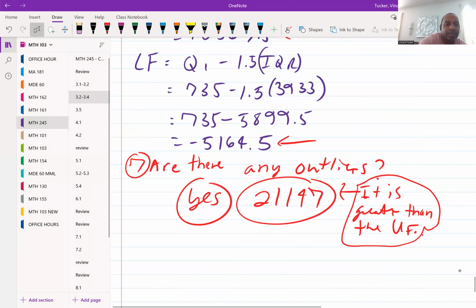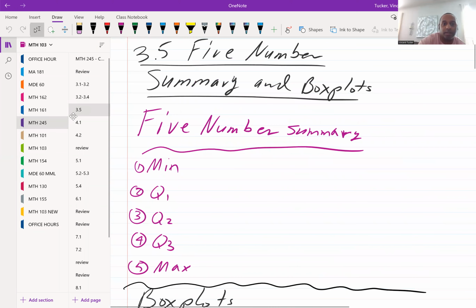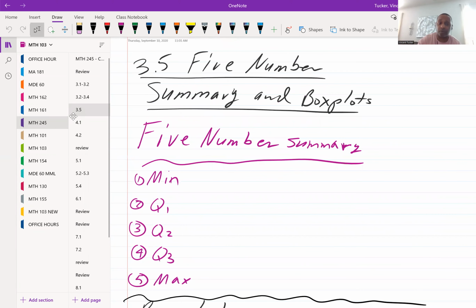Everybody good? Okay. So 3.5 is the exact same process, except they add the 5-number summary, which is just that we're labeling what we just did. So it's the 5-number summary and box plots, which is still based on this right here. You'll see in a second, but it's still the same process we just walked through. We're going to do that again and just label 5-number summary, box plot.